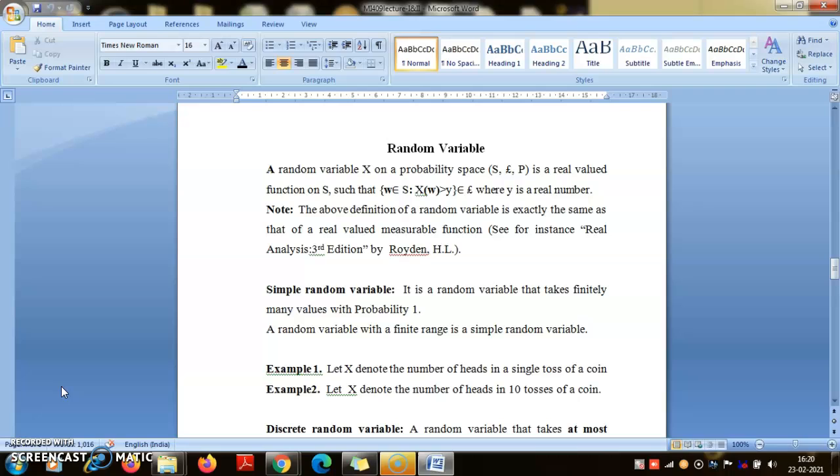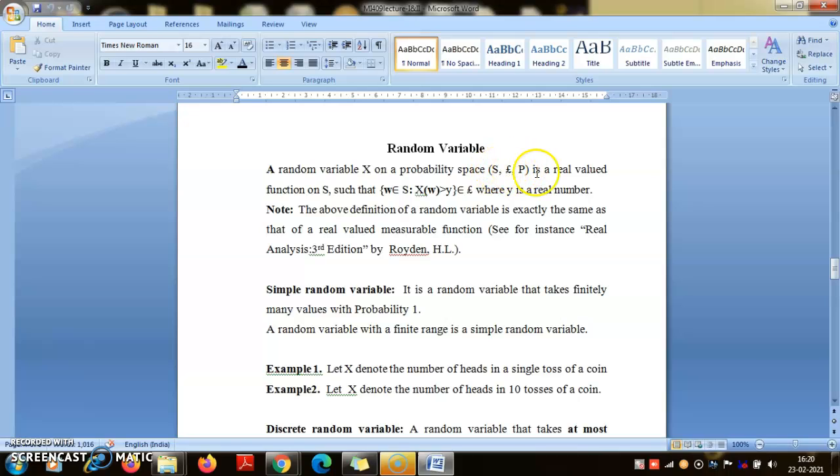So far we have introduced the concept of a probability space. To recap quickly, I have a non-empty set S which represents the outcomes of some random experiment, and I have a collection F of subsets of S which we call a sigma field, and this is closed under union and complement, and the whole set S is there, and probability is a function defined on this collection.